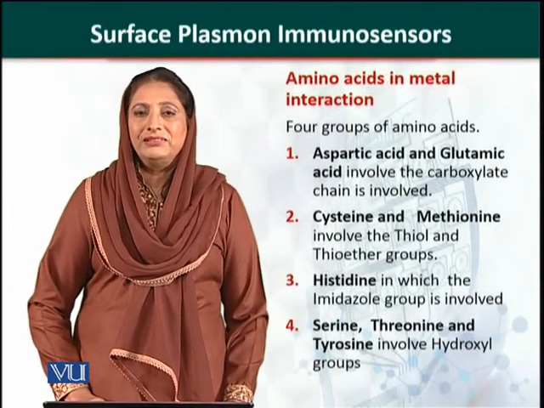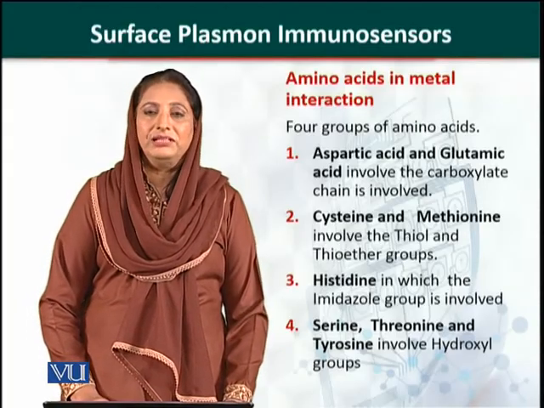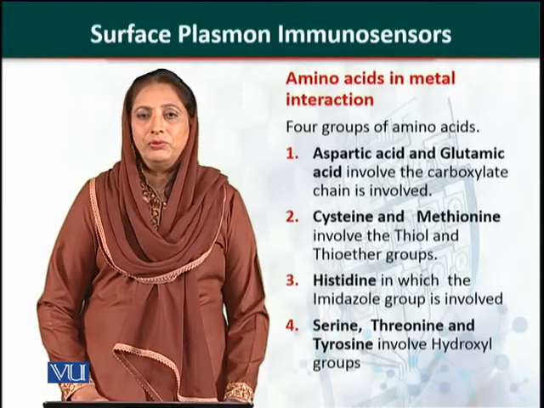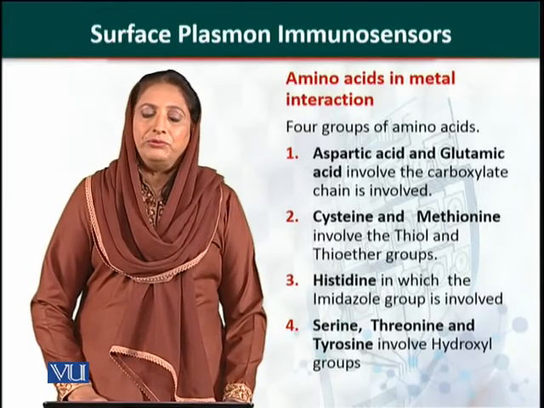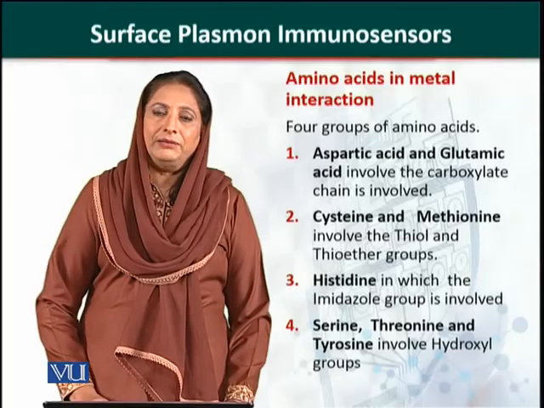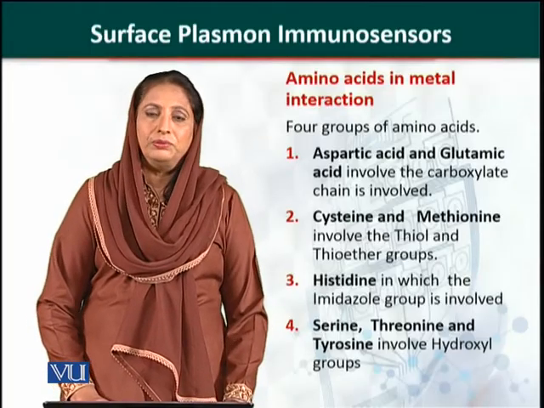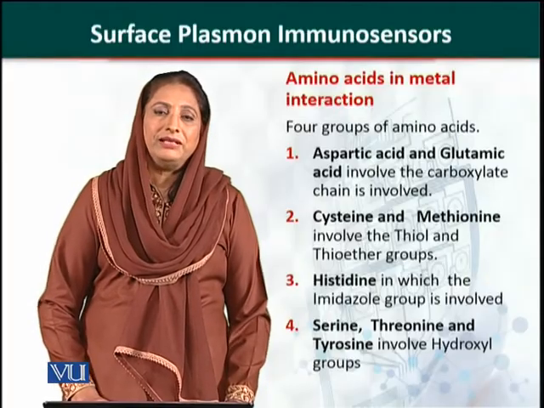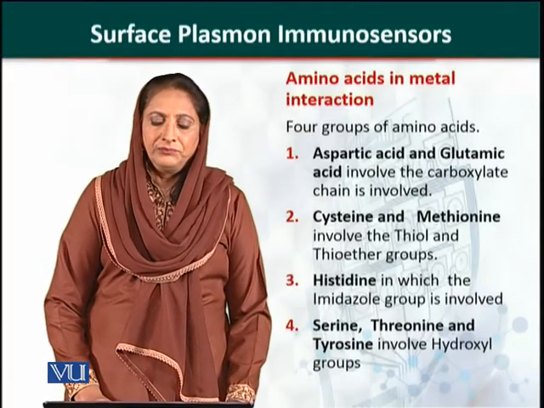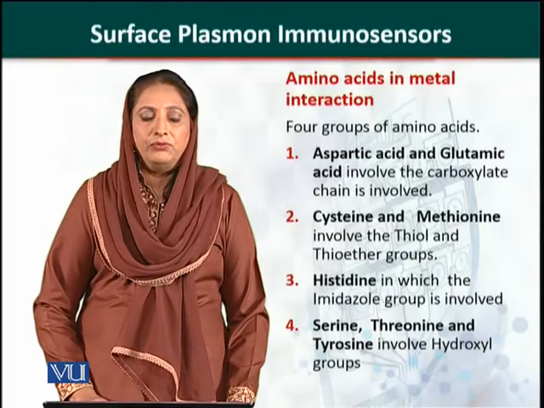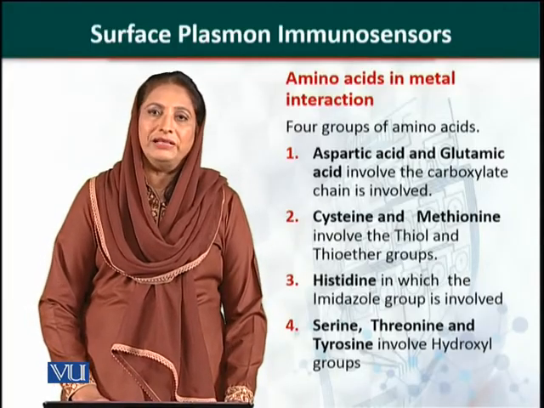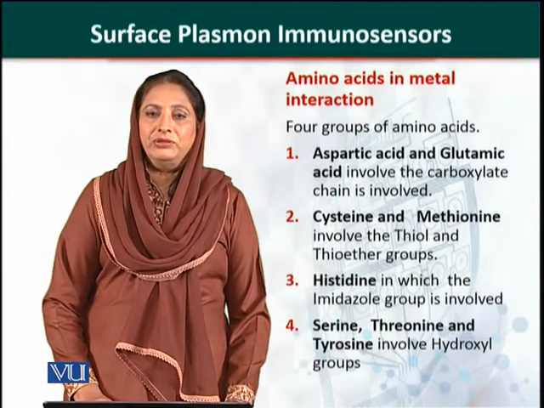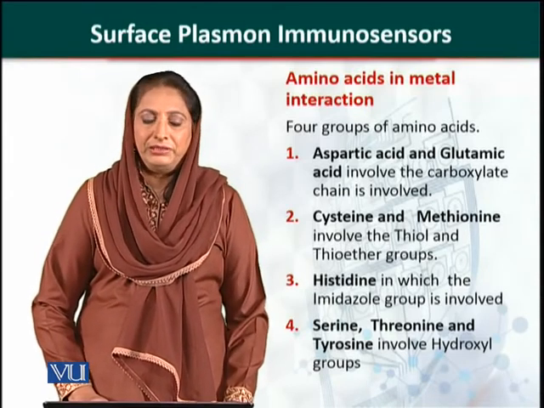Now, first we will discuss the amino acids, that what type of amino acids are present which are responsible for the metal and protein interaction. We can divide them into four groups. The first group comprises aspartic acid and glutamic acid. The carboxylate chain of glutamic acid or aspartic acid is involved in the formation of a complex with the metal. Secondly, sulfur containing amino acids such as cysteine and methionine.